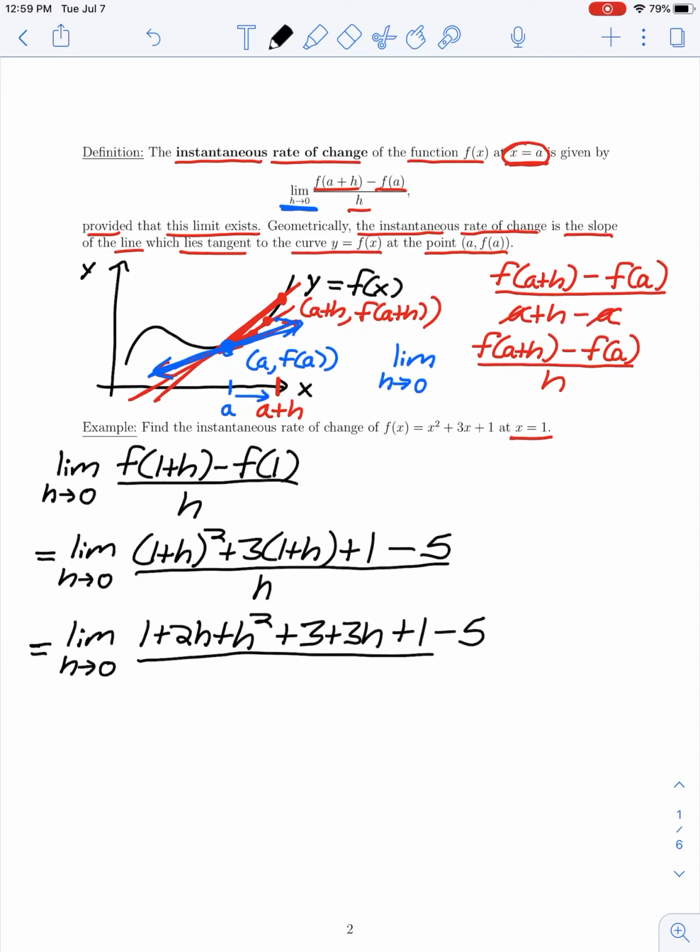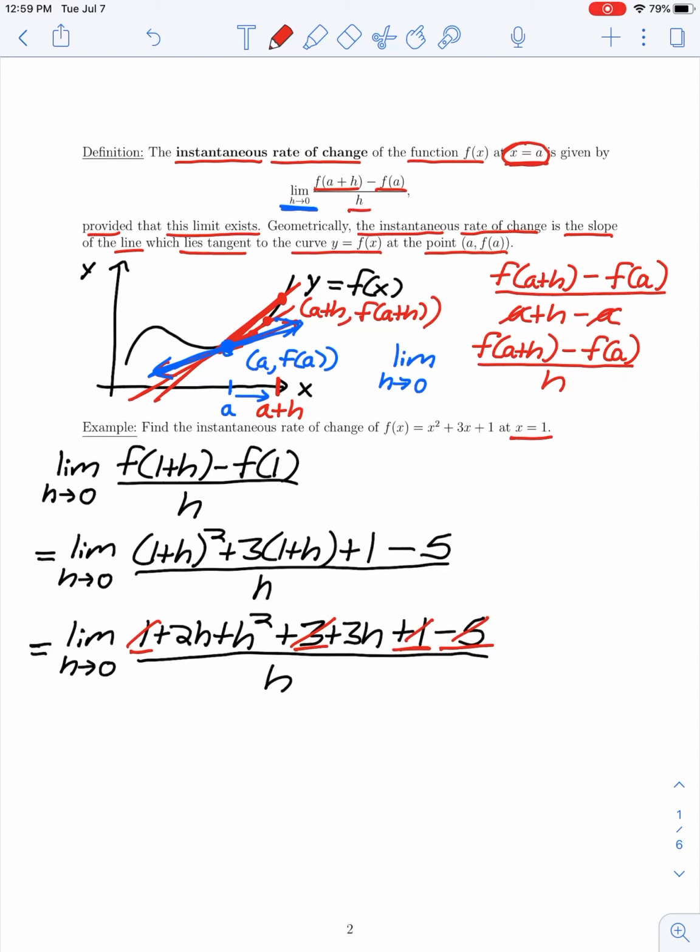And then the whole thing is still being divided by h. So let's see what simplifies here. In our numerator, we have a constant 1 plus 3 plus 1, which would be 5, and then I'm subtracting 5.